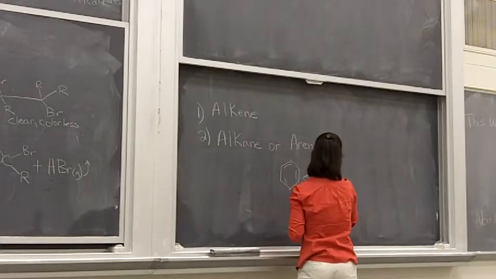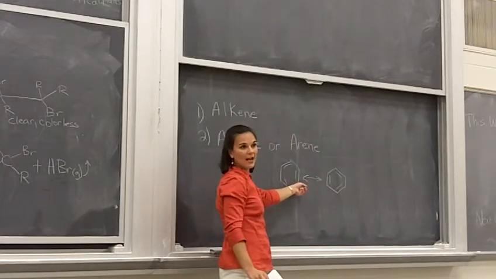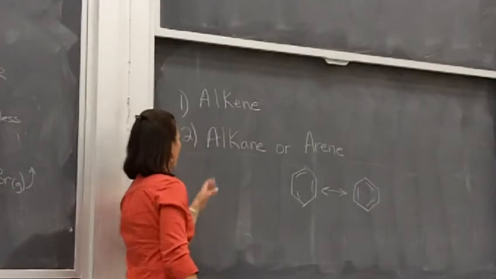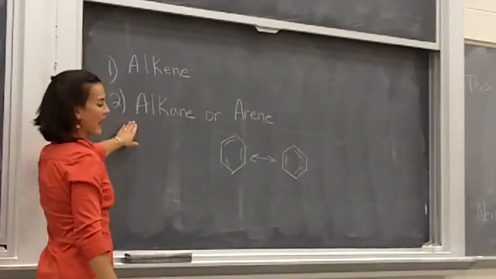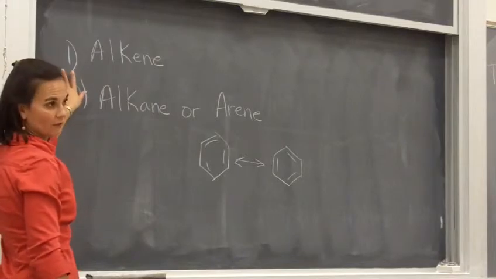So we've got an aromatic ring, but these double bonds will not react with the bromine and the permanganate under these test conditions, right? So one of the unknowns is an alkane or arene. It can be either one, and one of them is an alkene.